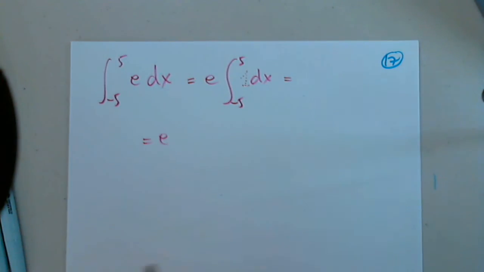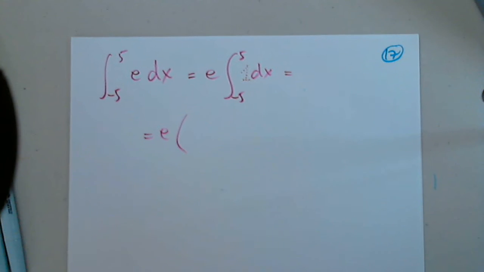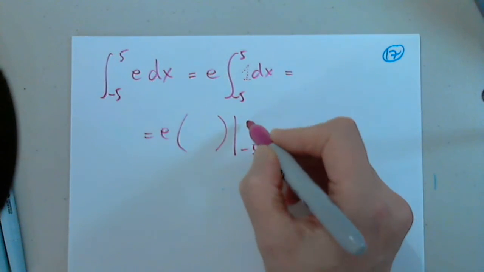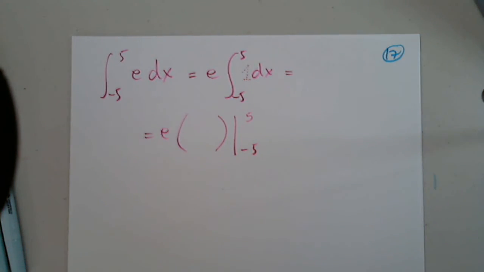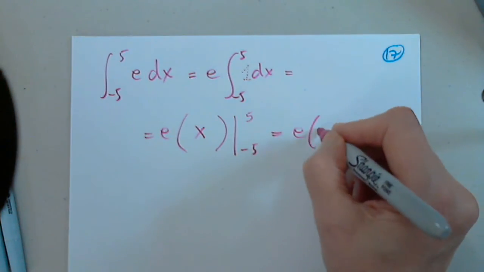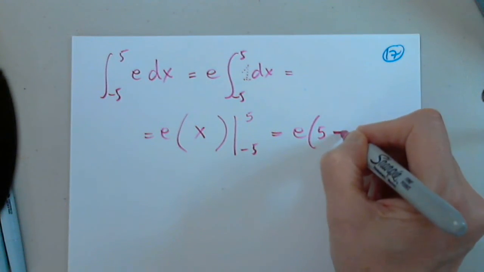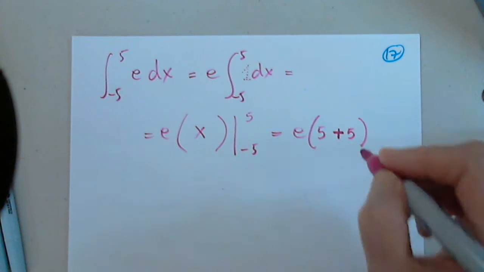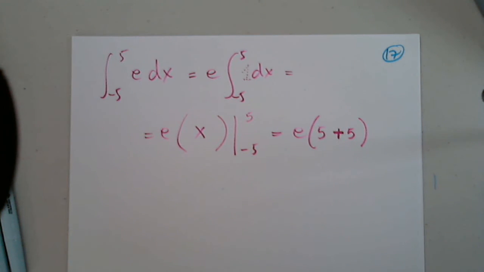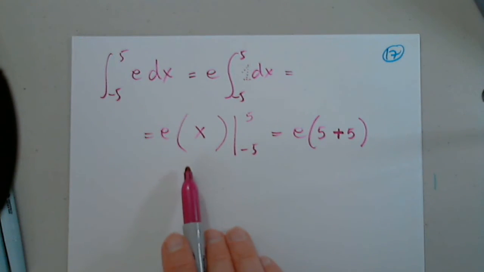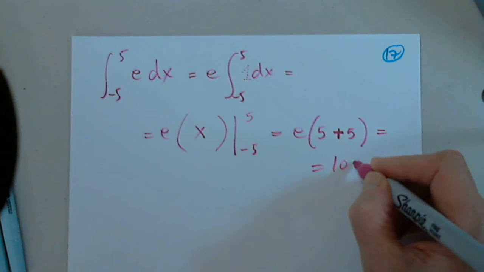It cannot be 0. Which function prime is 1? X, right? That's it. Very good. Excellent. So I plug in 5, and I subtract when I plug in negative 5. So this is 10e.